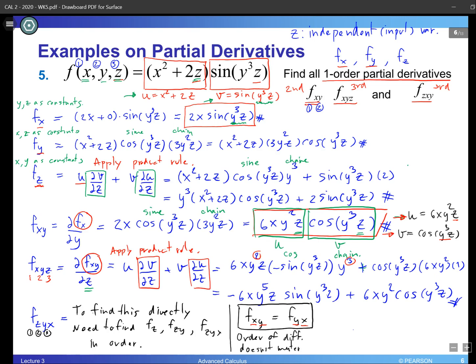So we can take a look at this fzyx that we need to find. This function has differentiation with z once, y once, and x once.